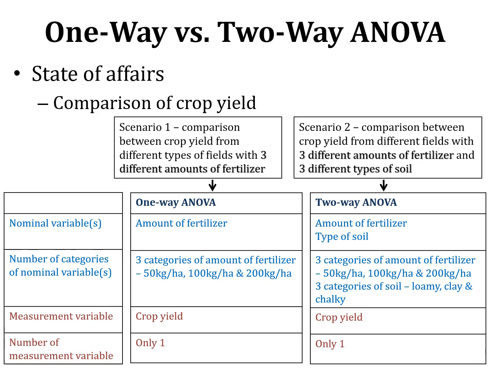There are 3 categories of the amount of fertilizer: 50 kilograms per hectare, 100 kilograms per hectare, and 200 kilograms per hectare. And we have 3 categories of soil: loamy soil, clay soil, and chalky soil, right? We are going to apply two-way ANOVA in this case because there are 2 nominal variables. And the measurement variable is only one, which is crop yield, and this is also our response variable.